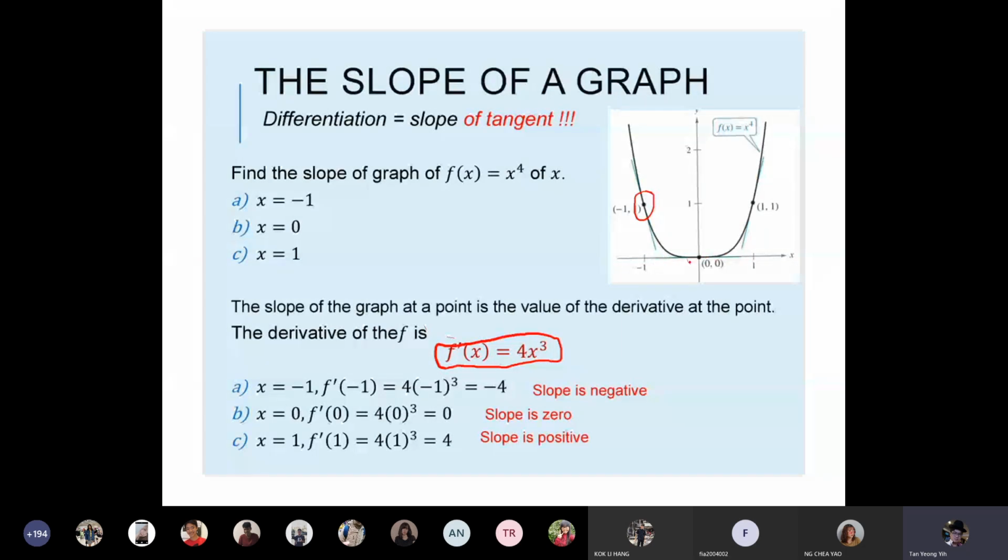The slope is 0. And when x is 1, substitute the 1 into the x, we get 4. So at this point, the slope is 4. Okay, the slope is -4, and at this point, the slope is 0.